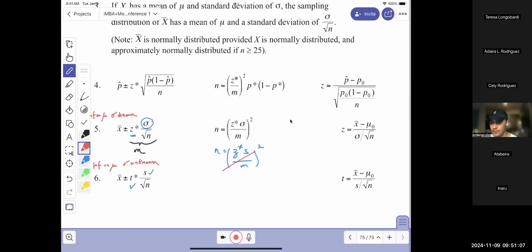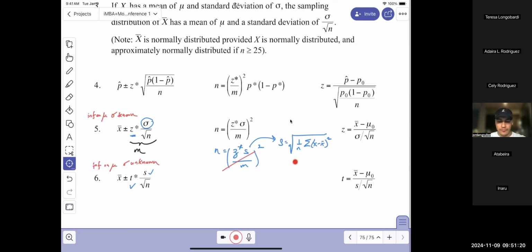Well, what is S? S is equal to the square root of the average square deviation from the mean. And what do you see inside of S? Another n. So if you use S here, you're not really isolating n because n is still in this equation. So you can't isolate n out of here. Well, let me think.